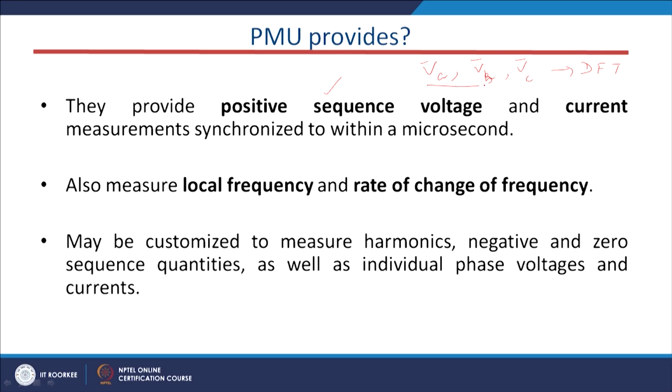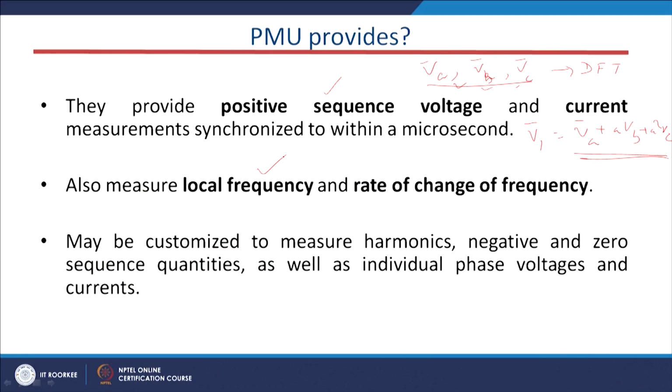Using these phasors, we can always calculate the positive sequence component of the voltage, that is VA plus a VB plus a square VC. This positive sequence component can be calculated inside the processor of the PMU using the phasors of the corresponding instantaneous voltage signals.